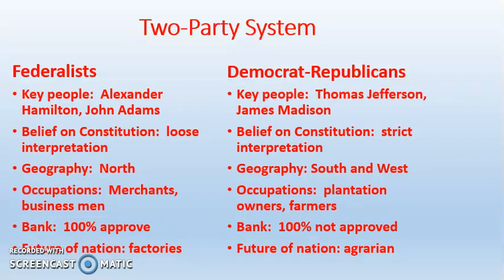So that geography, their jobs, their occupations, they go hand in hand. Now, the Federalists, they 100% approve the bank, and the Democrat-Republicans don't want the bank. They 100% not approved. Now, the Federalists believe that the future of this nation rested in factories, and that is why they're okay with Hamilton's economic plan. I mean, other than he's also their creator, and they love the guy.